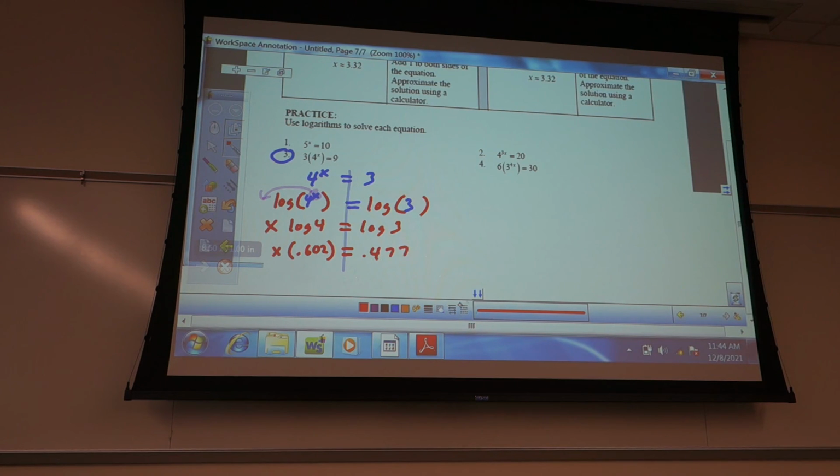Then I'm going to divide both sides by 0.602, and I will get x equals 0.793 if I round up. Okay, so you folks work on 1, 2, and 4.